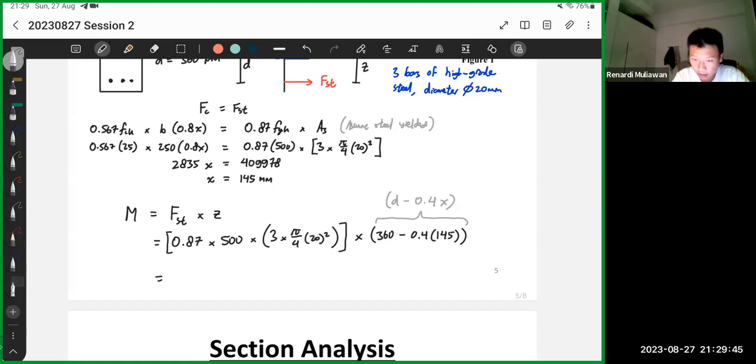You will get a very big number, so you multiply by 10 to the negative 6. So 123.8 kilonewton meters. I'm too lazy to figure out the units, you figure it out yourself. Because this is millimeters squared, Newton per millimeter squared.